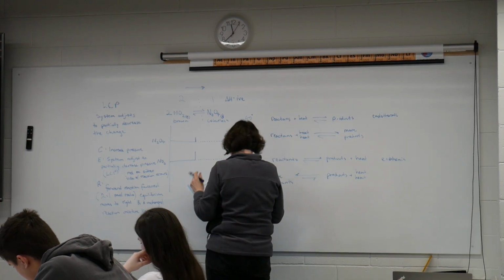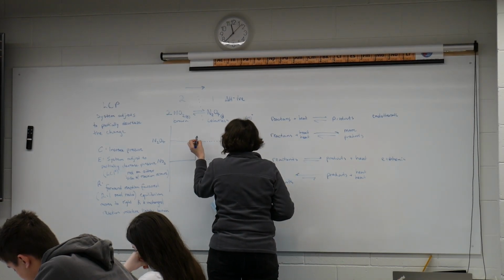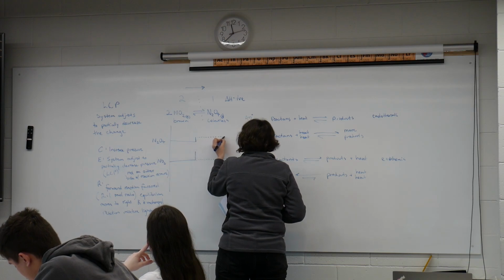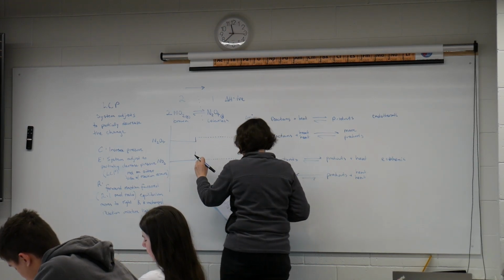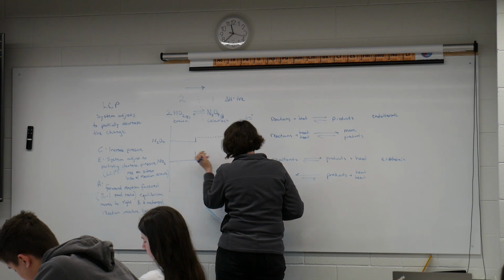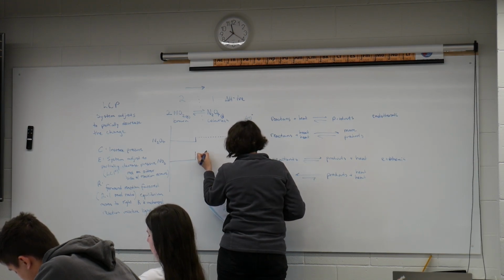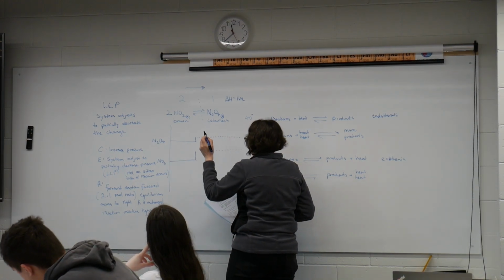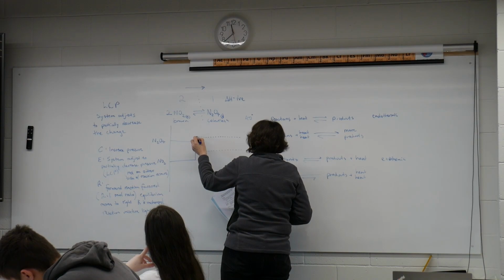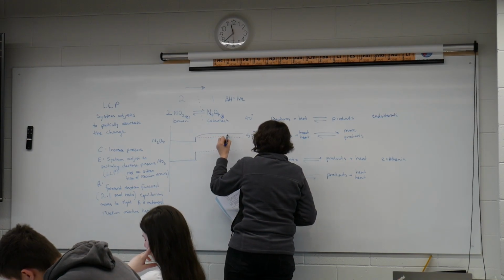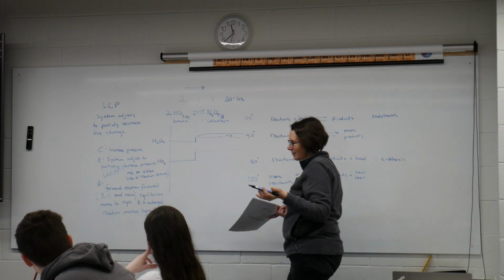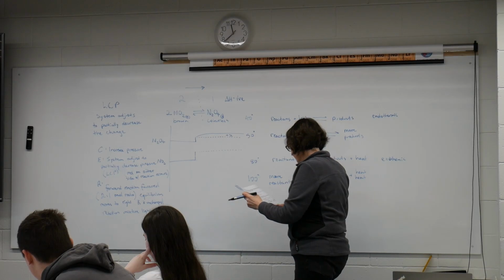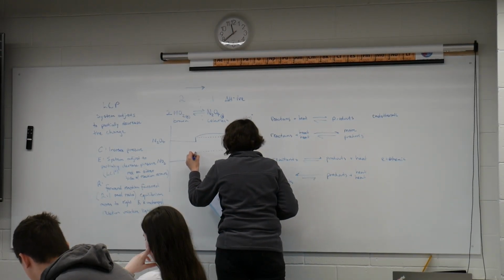Sorry, I should have done that first. This one is going to increase, and again it increases by x because there's no coefficient there. And this one is going to decrease by 2x.